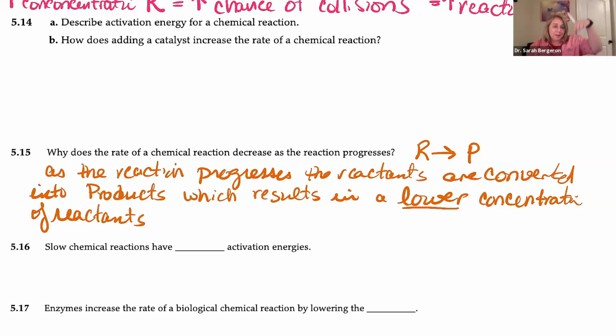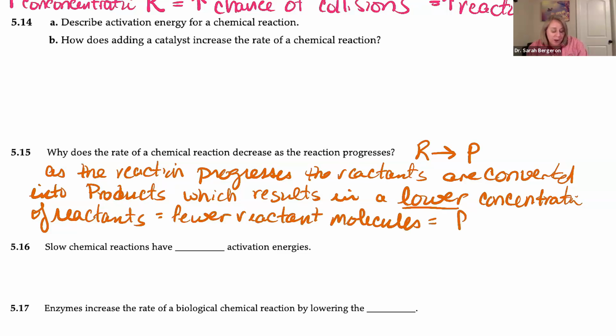So in this case, if we lower the concentration of reactants, now we're going to have fewer reactants, or fewer reactant molecules, right? And if you have fewer molecules, we're going to have fewer collisions. If you have fewer collisions, that means you're going to have a slower reaction rate, right? So see how we linked everything step by step.